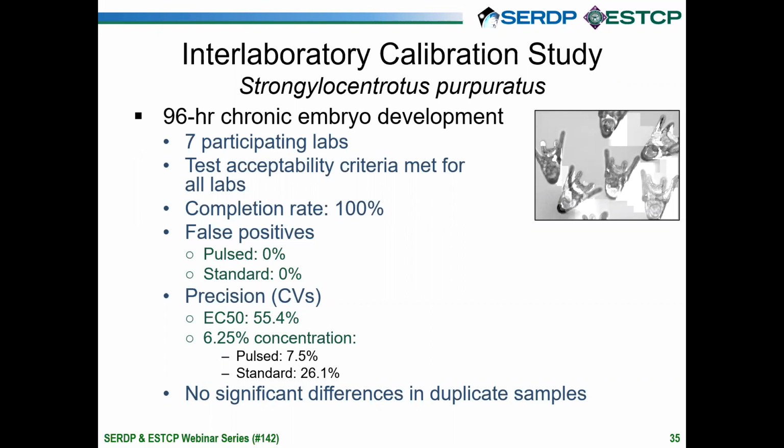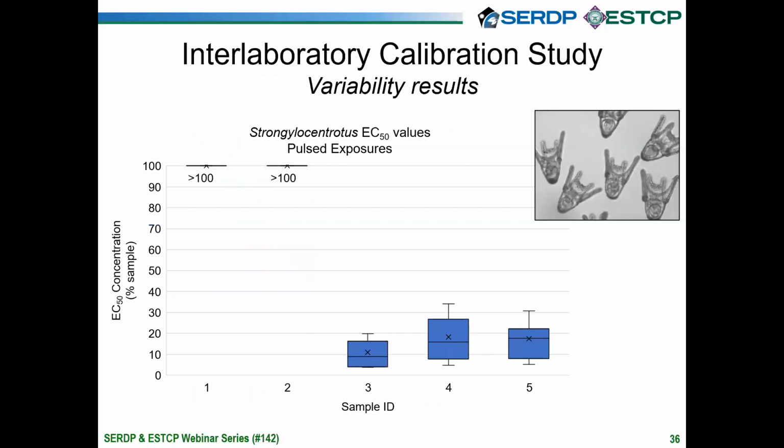So we look at the 6.25% concentration for comparability between the pulsed and the standard method. And in this situation, the pulse method had higher precision than the standard method. And no significant differences were observed in the duplicate samples. So again, you can see here, these are the EC50 concentrations for the urchin test.